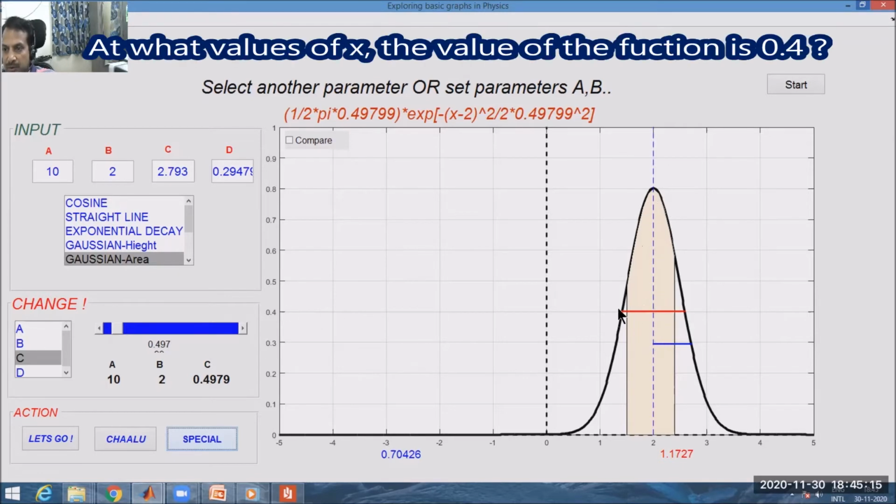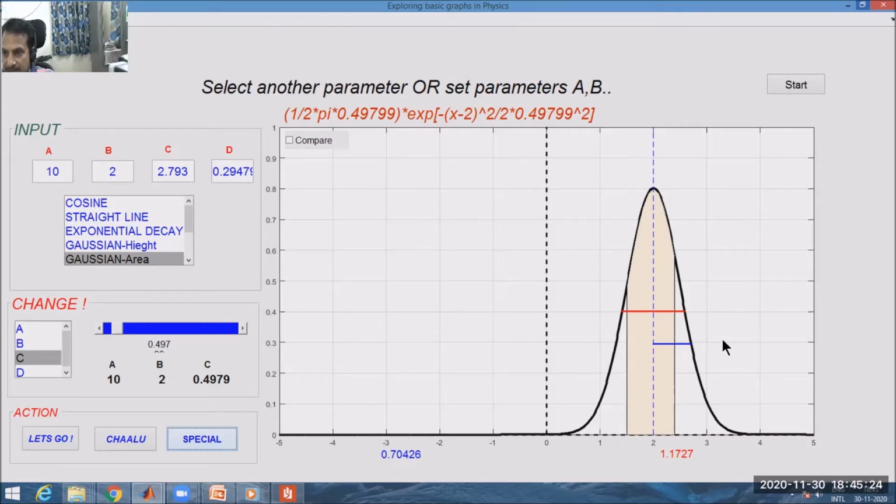So 0.4 somewhere here, somewhere here. So this is full width at half maxima, and full width half maxima for this function is 1.17, whereas the 1 by e width is 0.70.